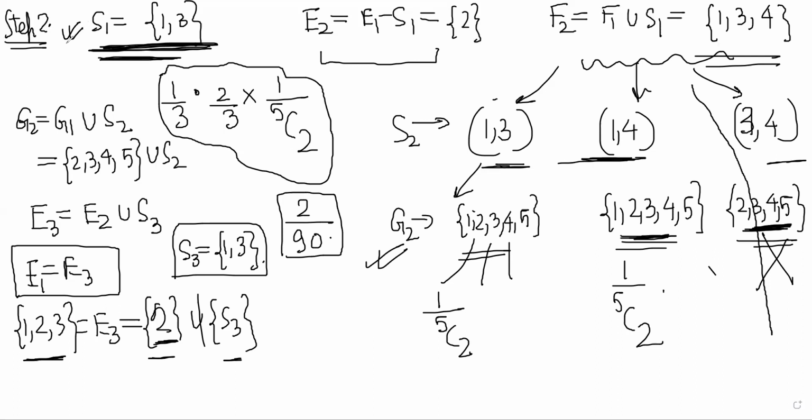In the third possibility, we start off with S1 as 2, 3, right? And this happens with probability of 1 by 3, obviously, right? And then we go to the next steps. We do the same thing again. So think about it.